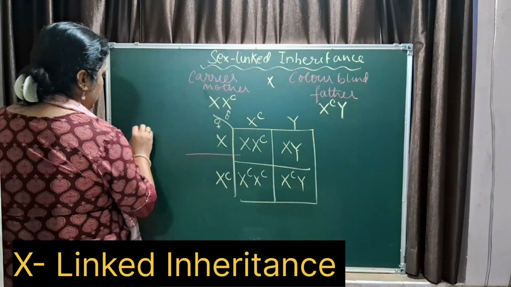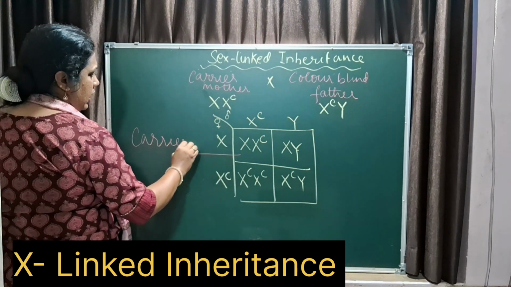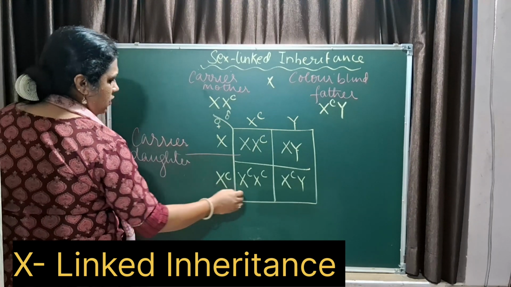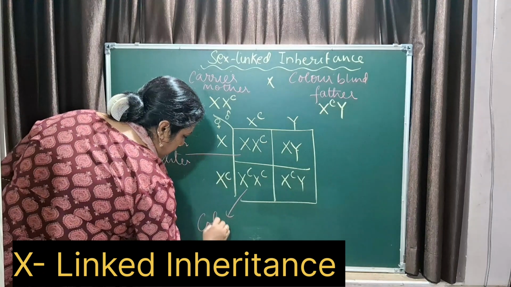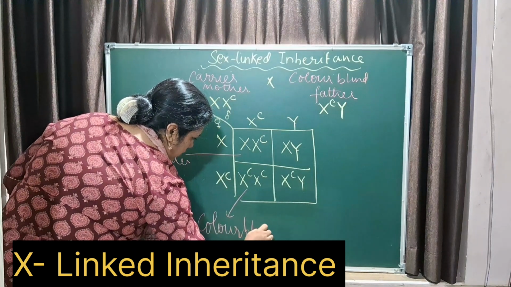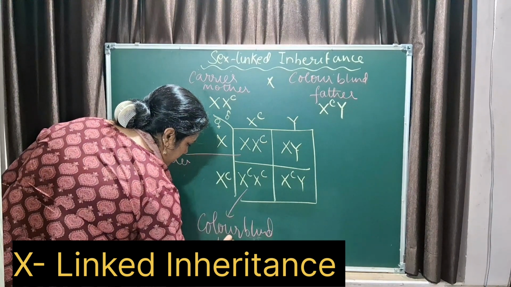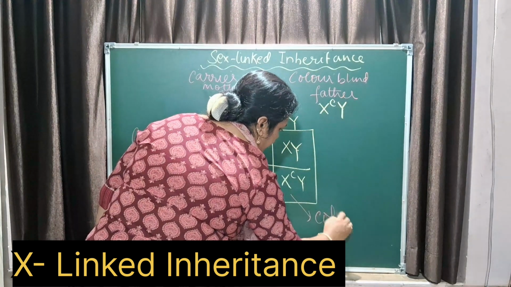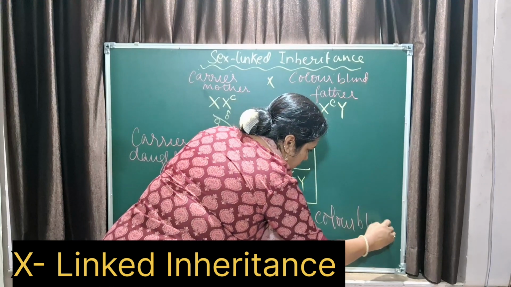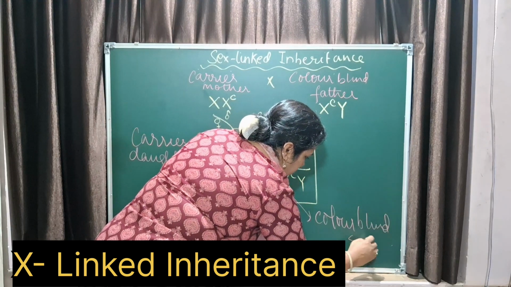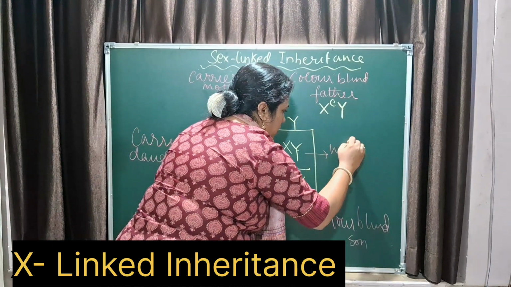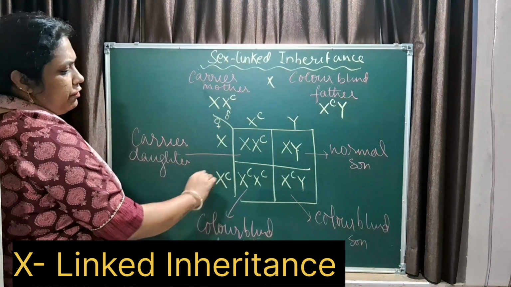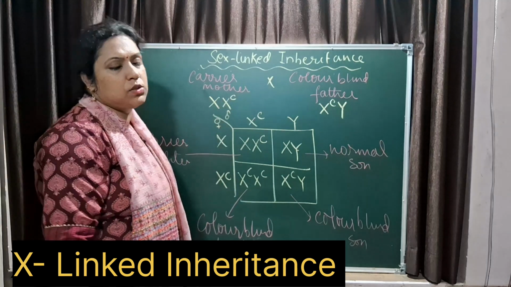You get a carrier daughter, a color blind daughter, a color blind son, a color blind son and a normal son. Is that clear? 50% of the children belonging to this couple are going to be color blind.